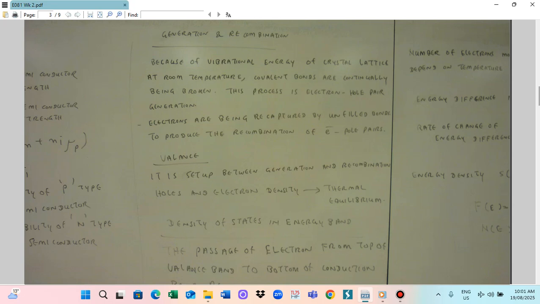So this is the way the electrons and holes happen because of the vibrational energy of the crystal lattice.